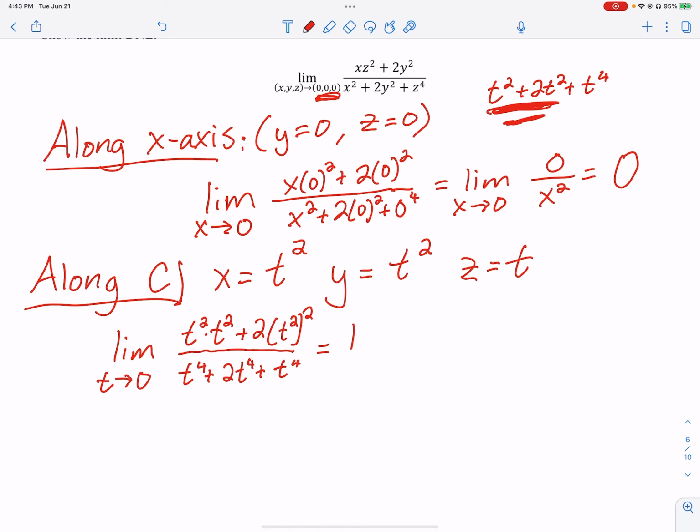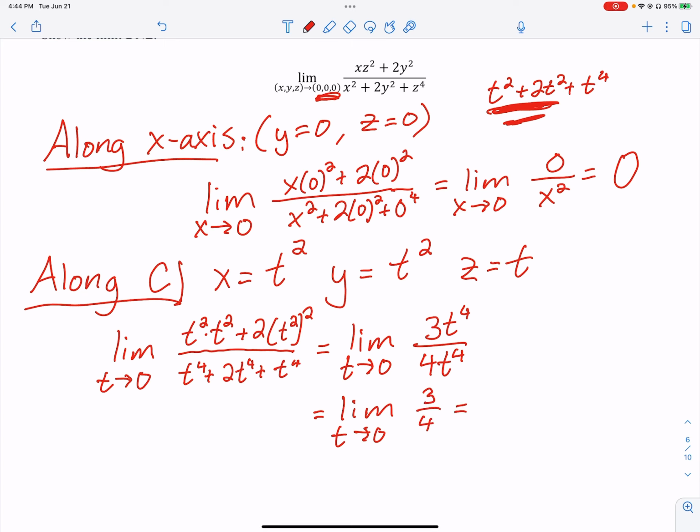This is equal to the limit as t approaches 0 of, up top we get 1t to the fourth plus 2t to the fourth, we get 3t to the fourth. And on the bottom, overall, you guys can see it, 4t to the fourth. That is equal to the limit as t approaches 0 of a nice, pretty 3/4.